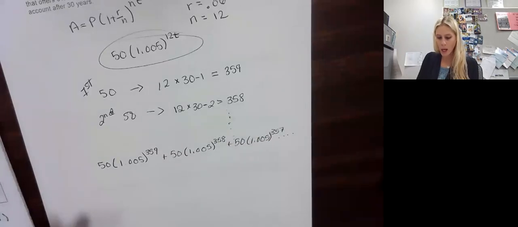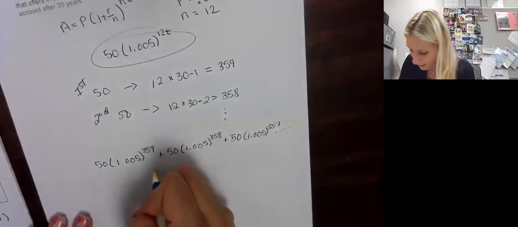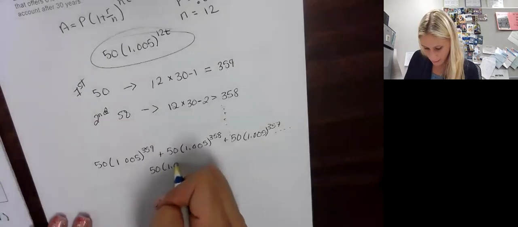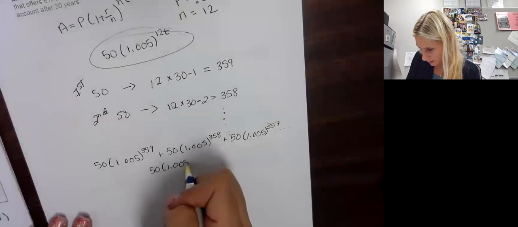The next $50, we're doing the interest for 357. So on and so on and so on. And it keeps going all the way until our 30 years. Okay, so we do have an ending value.